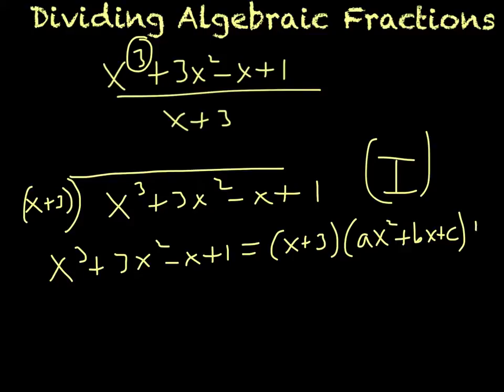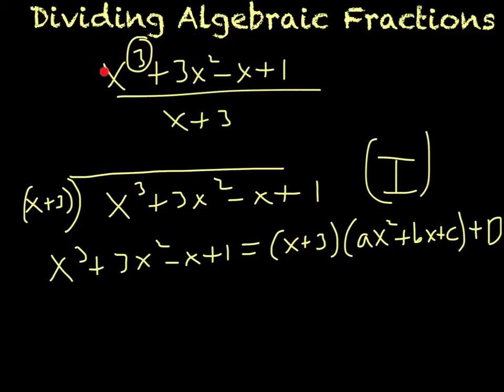But we just have to remember we're going to have, this time perhaps, a remainder, and that's going to be in the form of a regular constant. And this is because you can see that this constant here is always going to affect the x term.